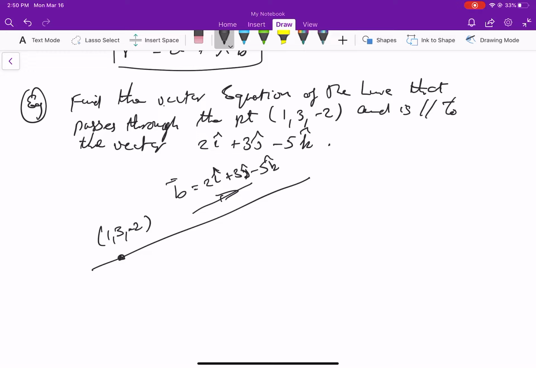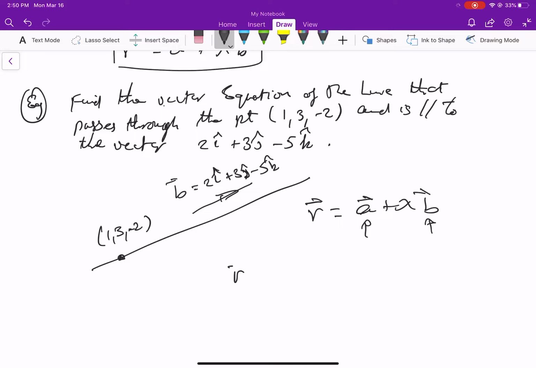If we quote r = a + lambda b, the only two things we need to plug into this equation are the position vector of the known point and the free vector that's parallel to the line, or the direction vector for the line. So we have both.